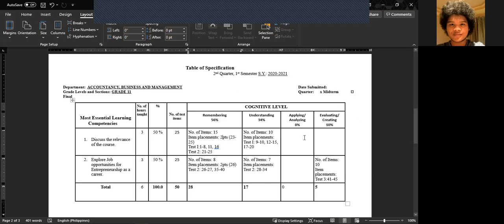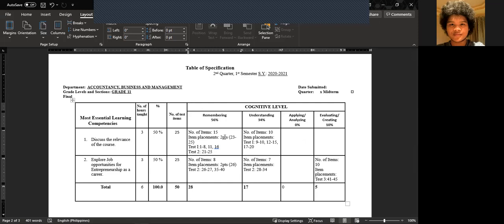Now, I'm sure that other groups have discussed the types of questions, from true or false, multiple choice, identification, in which they could also innovate onto the levels of either remembering, understanding, applying, evaluating, or creating. It could fall to any level of cognitive level.